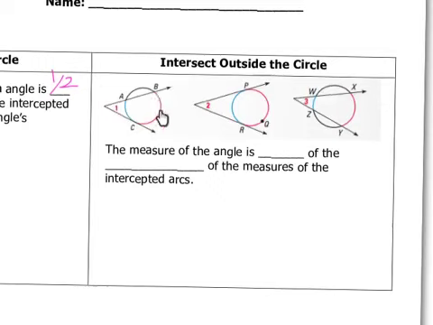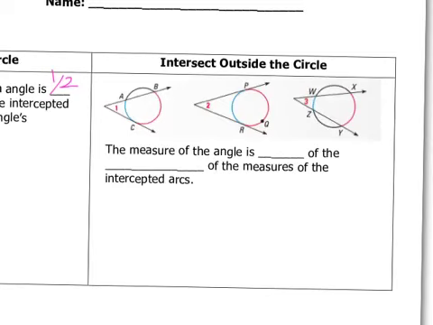Notice that in each of these cases, regardless of exactly where those lines intersect your circle, you have two arcs. You have a bigger arc, and then you have a smaller arc. That's how I refer to them, the big one and the small one.